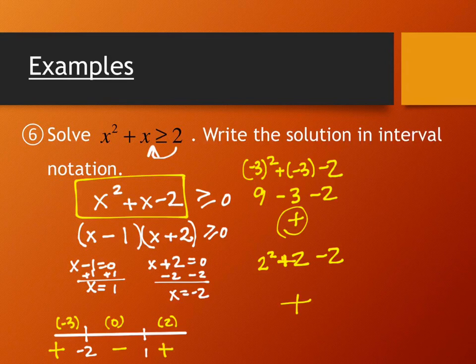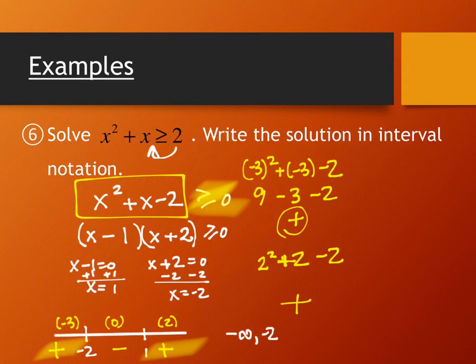So why am I looking for positives and negatives? Well, the reason I'm doing that is because it tells me to. It tells me I want values that are greater than or equal to 0. So do I want positives or do I want negatives? I want positives on this one. These are the values that are my answer. So values that come before -2, which would be -infinity to -2.